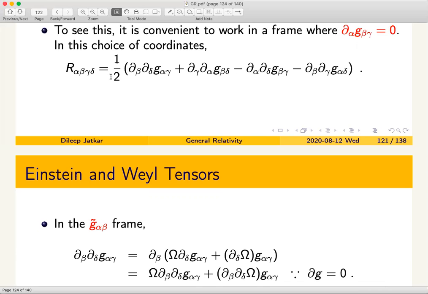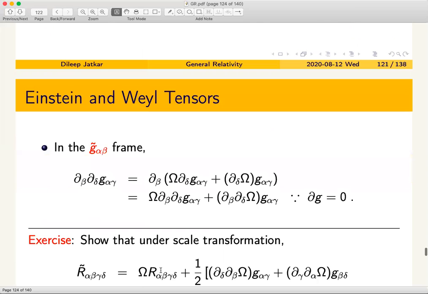So you can just pull omega out, and whatever you get is actually a Riemann tensor with respect to the metric g. So this piece is kind of trivial.